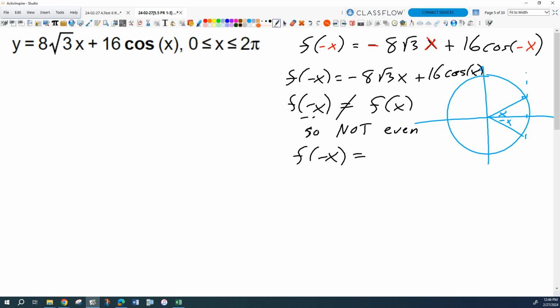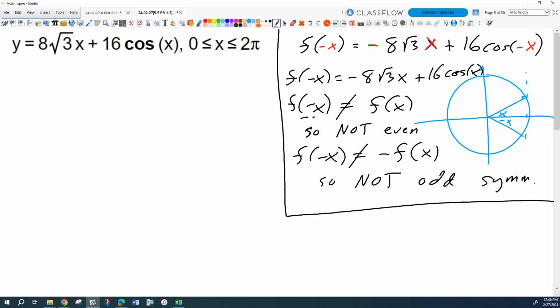F of negative x is not negative f of x, so it's not odd symmetry. It's neither. Okay. Make sense? That's our symmetry test. Evaluate the function at negative x and see what happens.